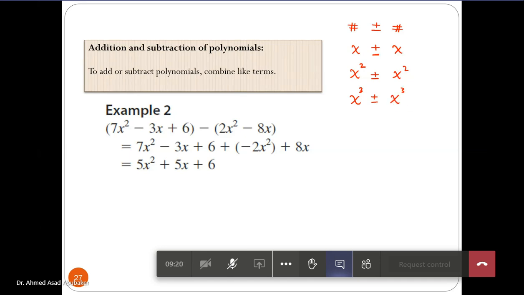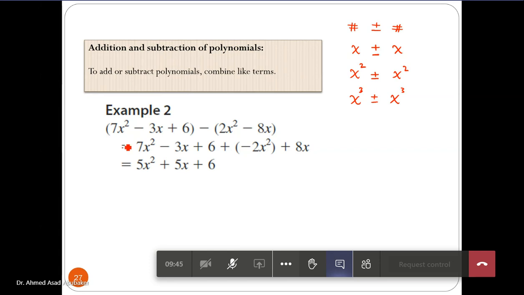Each type you can sum with its own type. So if we have the same exponent, we can add or subtract two terms. Otherwise, the two terms stay as they are.